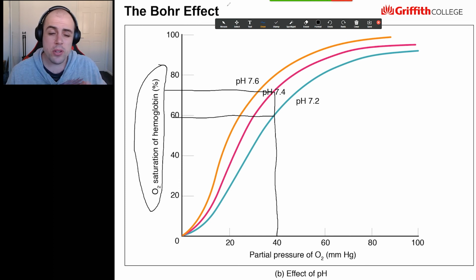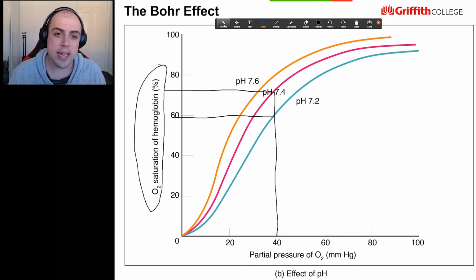It's not the pH of blood directly, it's more so the pH of our tissues, which I'll explain how we're able to do in a moment. So what we're essentially looking at here is as the pH goes down, as we get more acidic, the binding of oxygen to hemoglobin is going to go down.